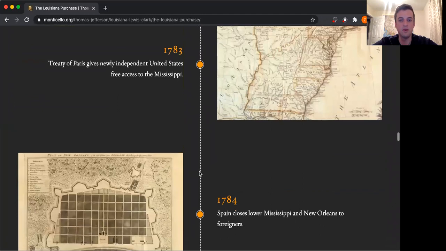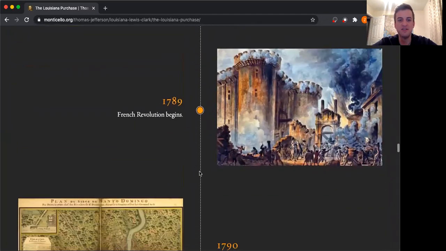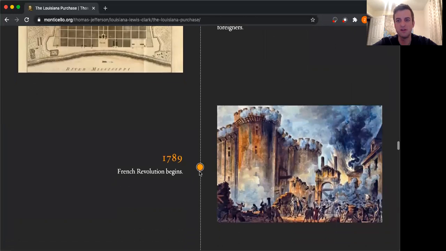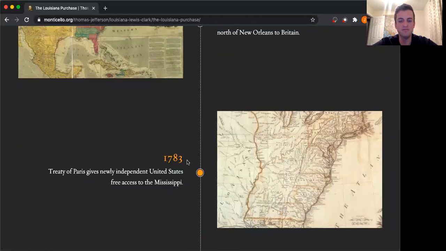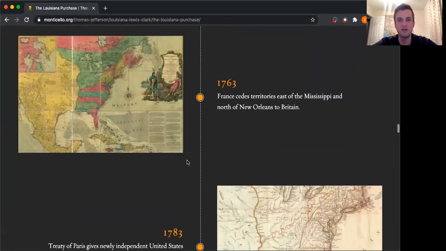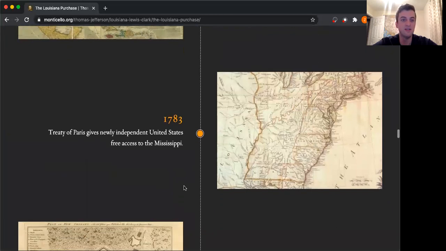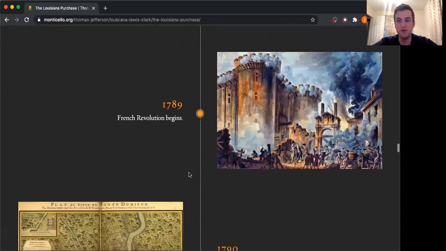Kind of the territory exchange, French Revolution, which is something that I'm not going to cover because I don't have time, but it is quite interesting that the United States officially becomes a country in 1776, wins the war against the British, gets the Treaty of Paris there, and then, oh, there we go.